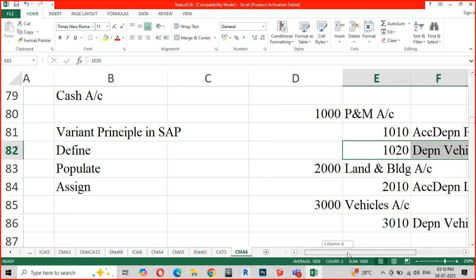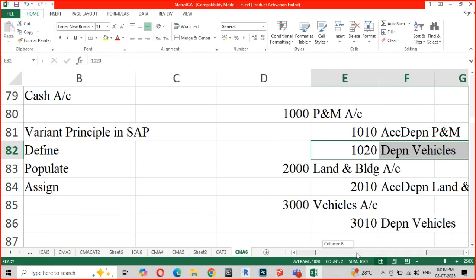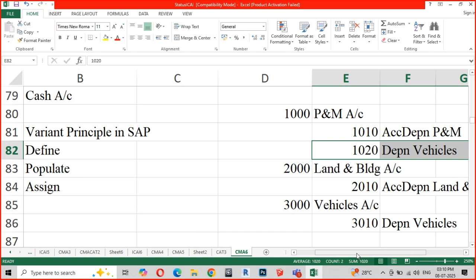Okay. So now we stopped at the way we design the general ledger accounts in our chart of accounts. As you can see, I hope you are in a position to appreciate the logic followed behind each and every general ledger account. These are just not some simple numbers. They have a specific logic.